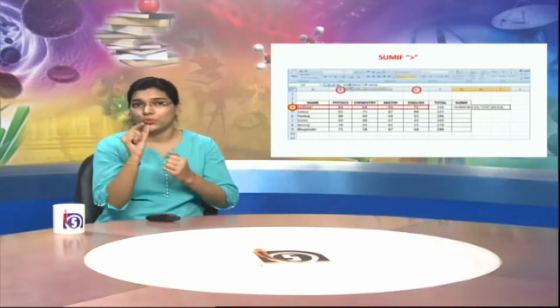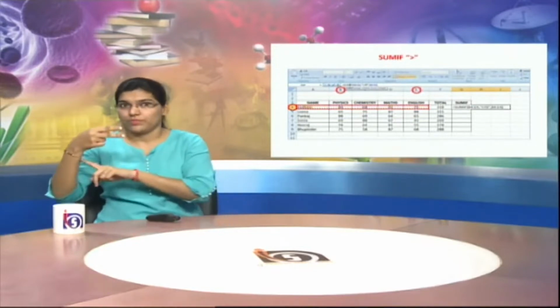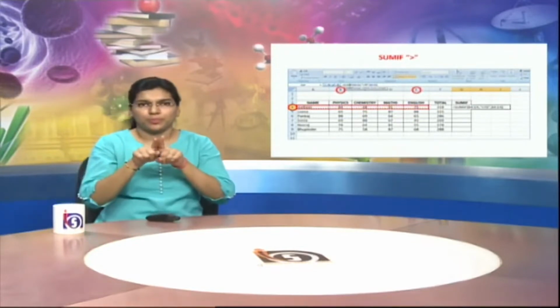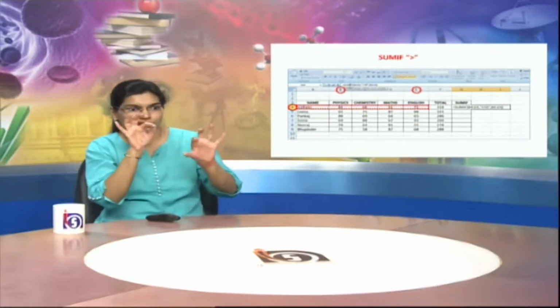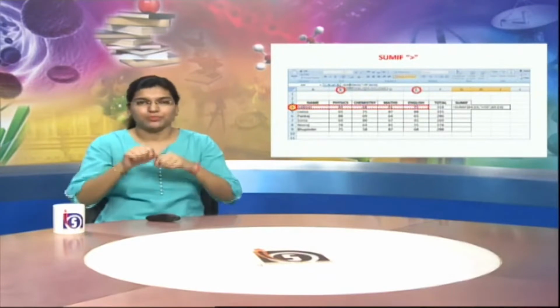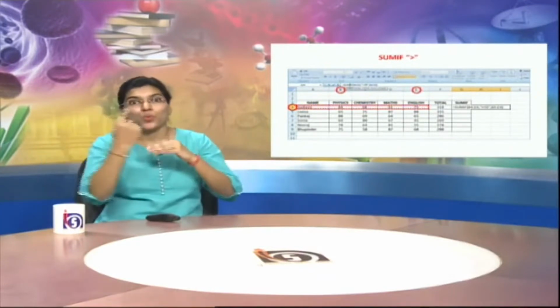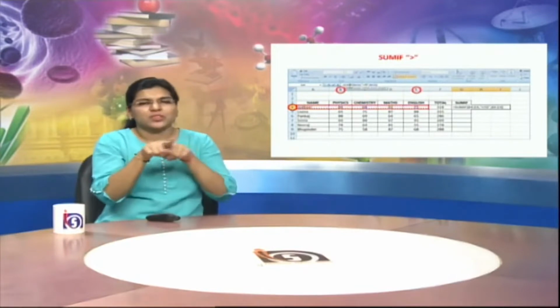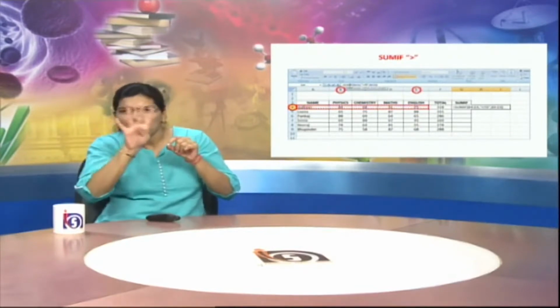Now you are watching a new word, that is sum if, on the screen. What does it mean, sum if? For example, there are some numbers, you have marks more than some particular marks and you have to choose the marks which are more than, just take the example of 70, marks which are more than 70.